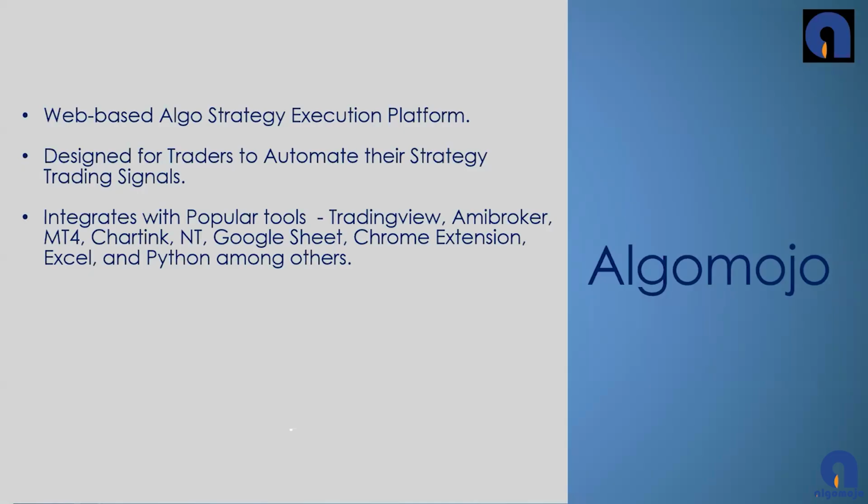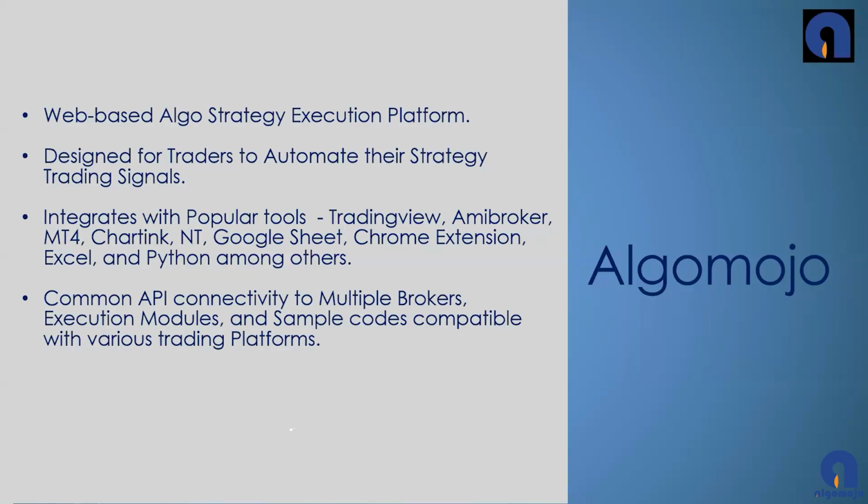It's a simple copy-paste kind of activity that you need to do to automate the trades. We have tried to keep this as user friendly as possible. The interface and the process for automation, we have tried to keep as simple as possible so that anybody and everybody can use our platform and take advantage of automation.